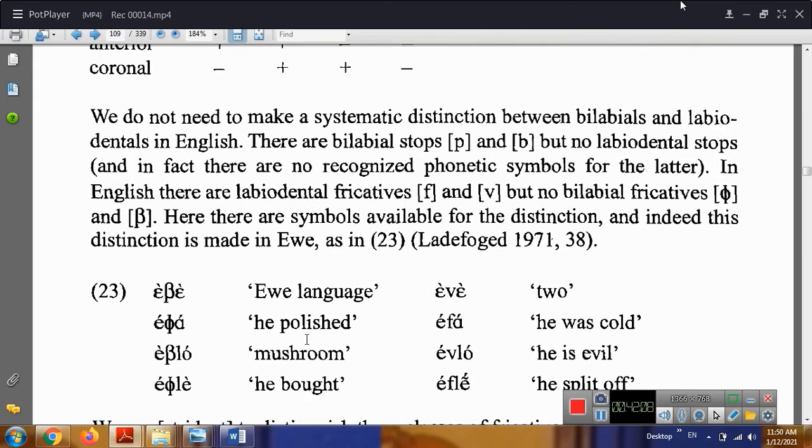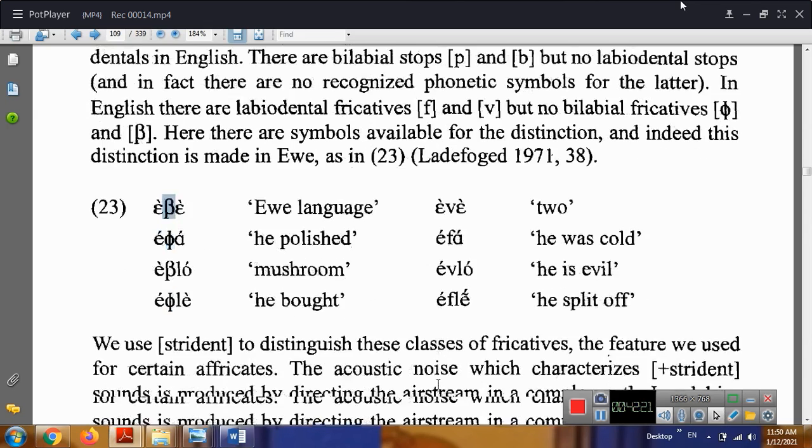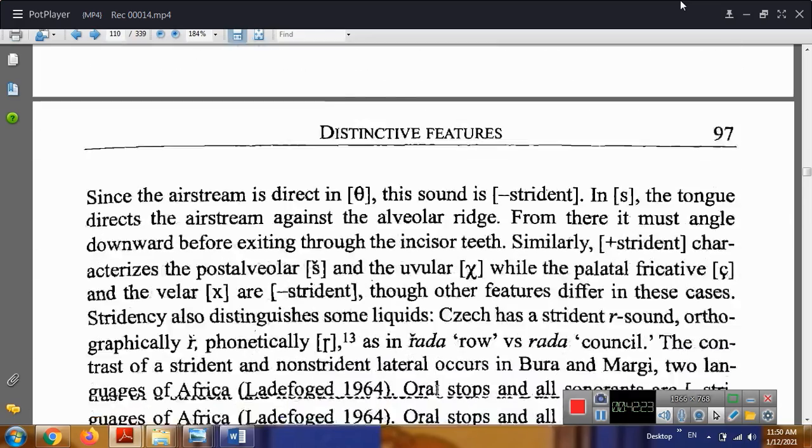And I think this data wants to show you the bilabial counterpart of f and v, not more than that.